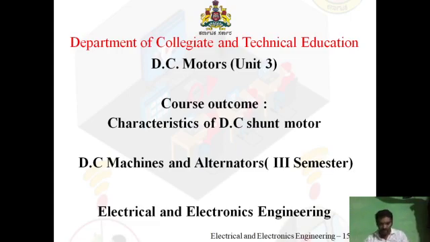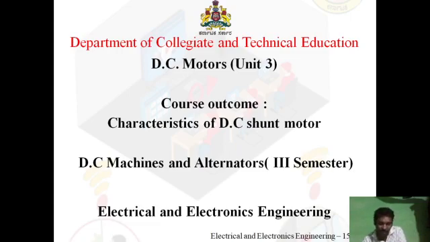Basically, we will come across three types of characteristics. The first one is the torque armature current characteristics, which is also called torque load characteristics or electrical characteristics.